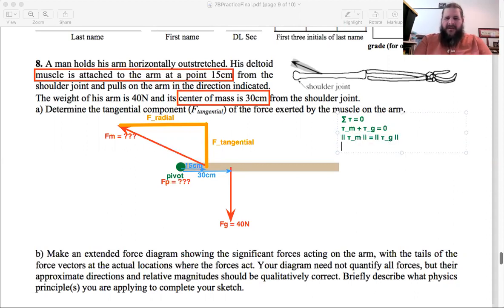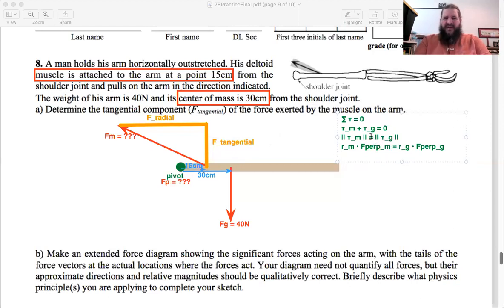Yeah, I'm just going to write each of those as R times F perpendicular. So R for the muscle times F perpendicular for the muscle equals R for gravity times F perpendicular for gravity. And F perpendicular is just the tangential component of the muscle force that we're looking for anyway.